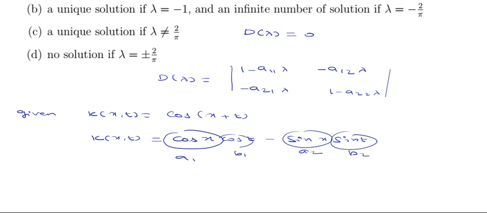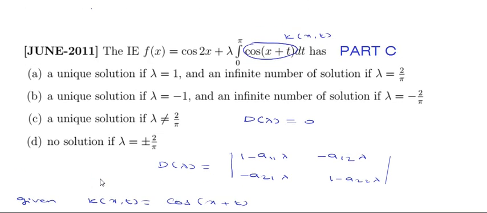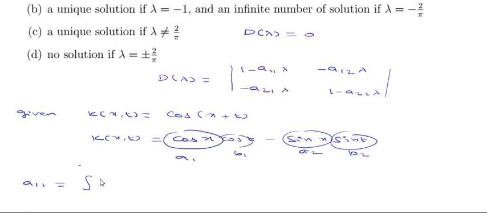Now we will see the formula for aij. a11 is the integral from 0 to pi of a1(t) times b1(t) dt. Since a1(t) is cos t and b1(t) is cos t, this is the integral from 0 to pi of cos squared t dt.